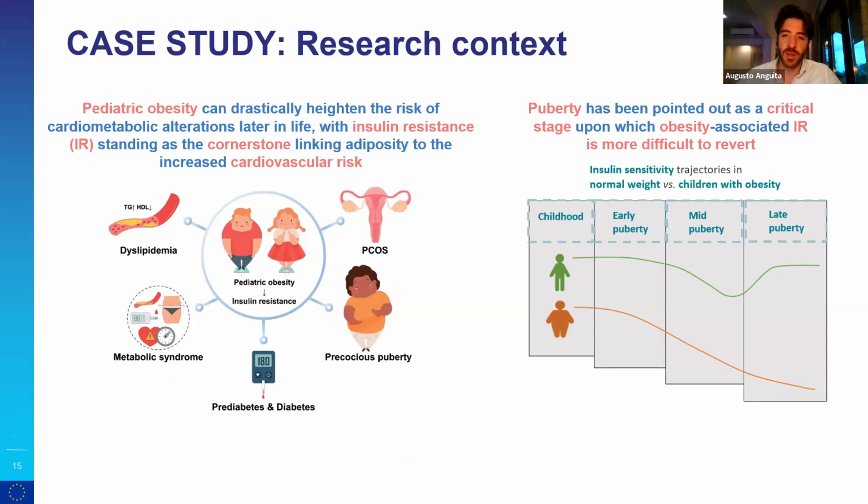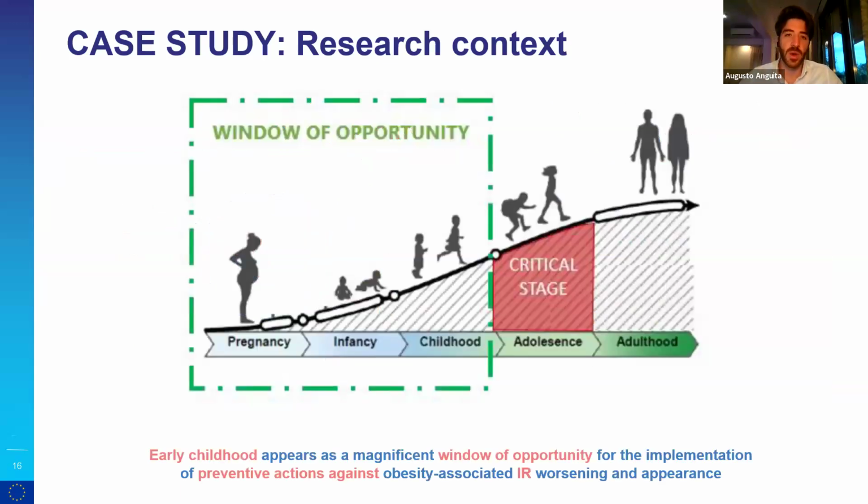And also it's important to study it during early life, during puberty, because puberty is actually like the inflection point, the point where if a child develops insulin resistance, later it is very difficult to revert this situation. So we will have a window of opportunity here in infancy and childhood to make these accurate predictions and start preventive actions and clinical interventions in those children that have a high risk profile.